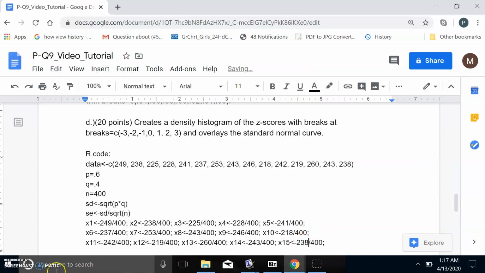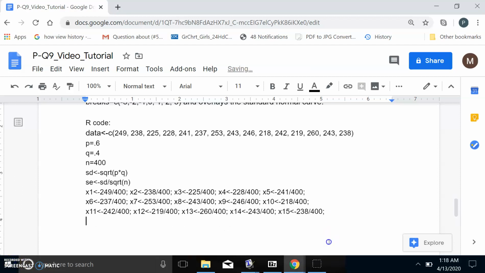Okay, so let's keep going. Now below this, I'm going to call it sample means, and I'm going to define that to be the vector consisting of all my sample means here.